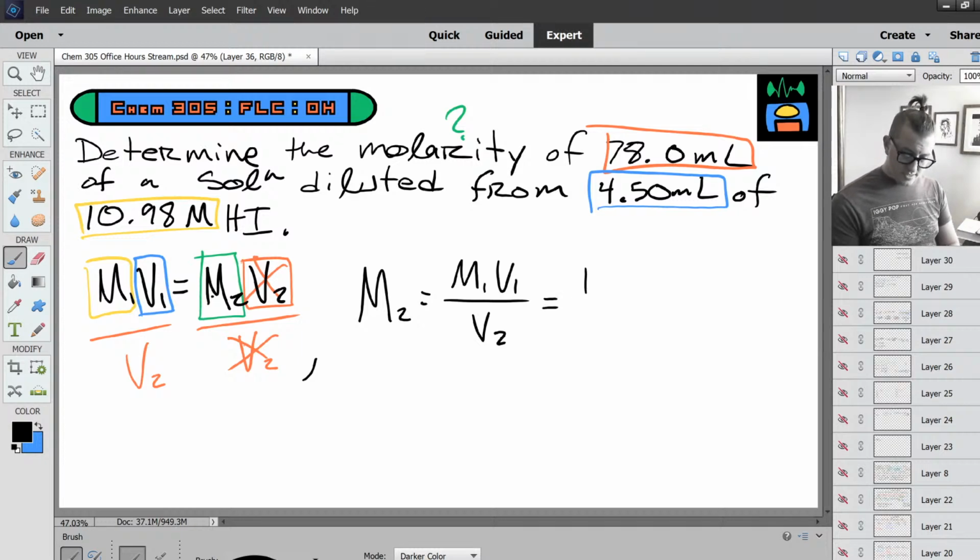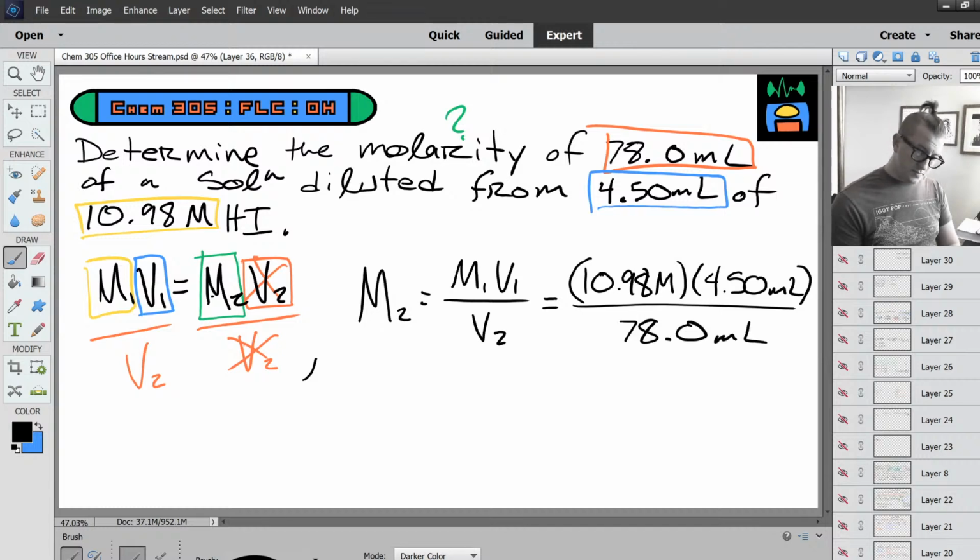M1 is 10.98 molar, V1 is 4.50 mils, and V2 is 78.0 mils.